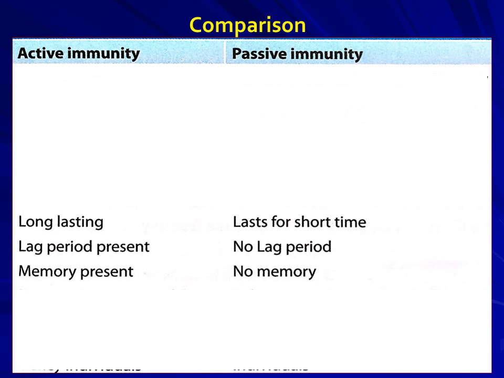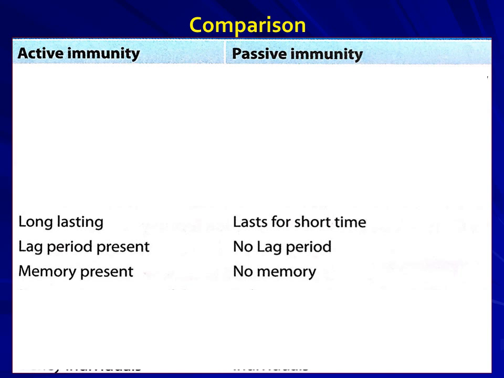Active immunity is long lasting, and a lag period is present, which I showed in the previous slide diagram, where you can see the lag following the antigenic exposure. So the lag period is present and memory is also present in active immunity.